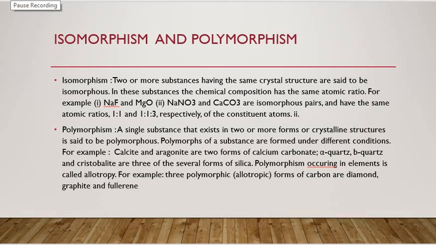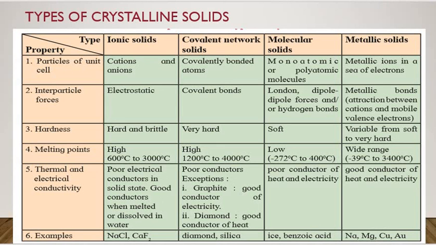Now, types of crystalline solids, or classification of crystalline solids. Crystalline solids are further classified into four categories: ionic solids, covalent network solids, molecular solids and metallic solids.